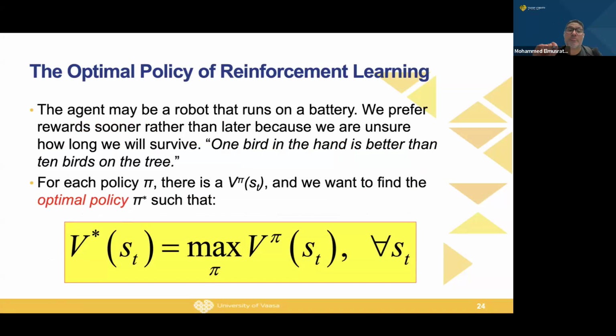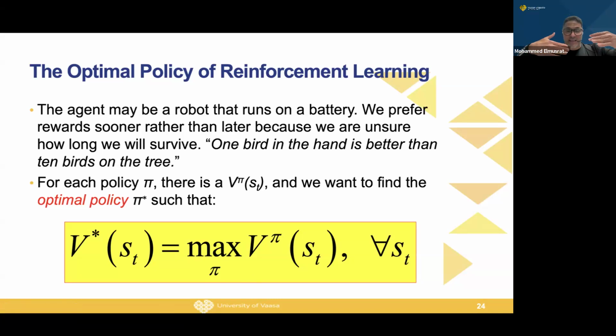The optimal policy is the series of actions that you take in order to maximize the average reward of the game once you are starting from state st. You are at time t, you are in a state st. So the optimal policy is the policy which gives you the maximum accumulated reward. It is a very simple concept. There is nothing tricky or hidden here. It is very simple and also very intuitive.